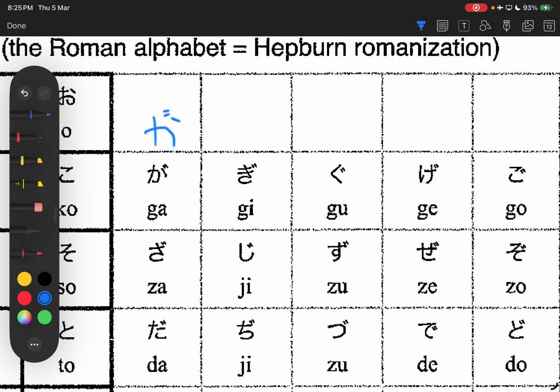Then it becomes ga. Repeat after me. Ga. Ga. Same thing with ki. K-I, ki. We put 2 dots on top and it becomes gi. So from a K sound, it becomes a G sound. Next we have gu, and go.